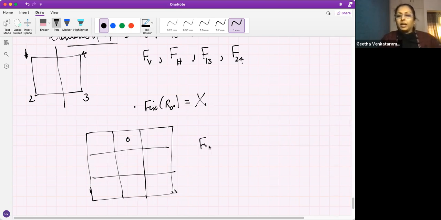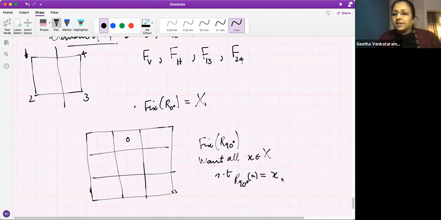So when I'm looking at fix of R 90 degree, I want all x belonging to X, all those plastic cards, such that when I apply the 90-degree rotation on x, it takes it back to x itself. No longer looking like x, but it has to take it back to x itself.